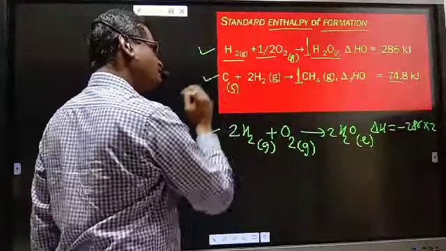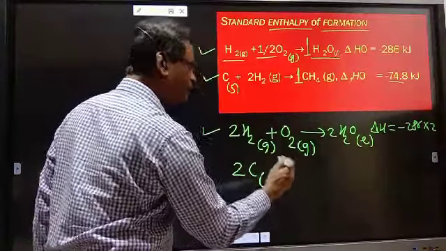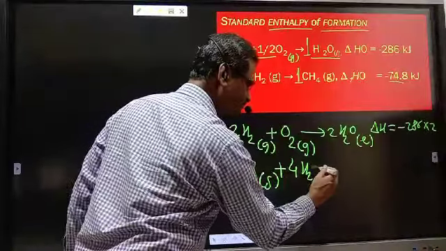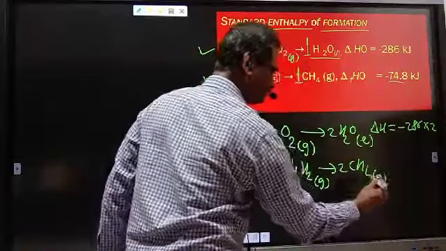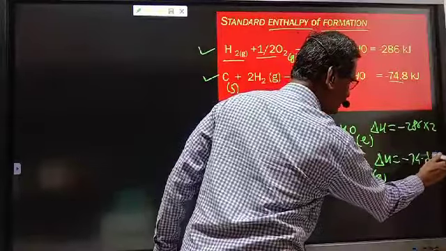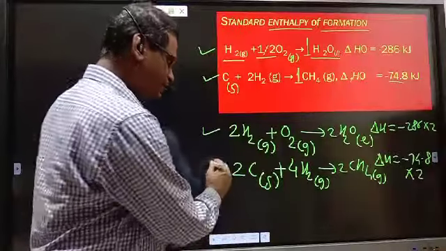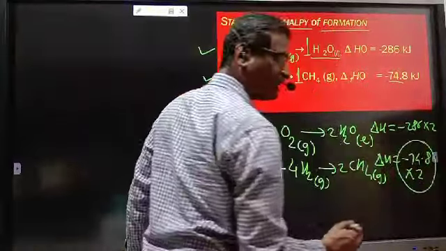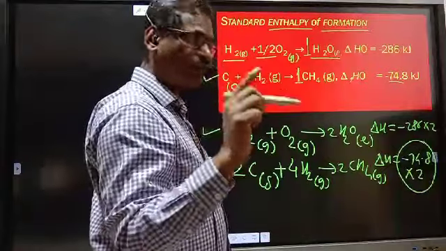See, this reaction we can also write like this: 2 carbon solid plus, instead of 2H2 we can write 4H2 gas, and it is giving 2CH4 gas. Delta H will be double, that is minus 74.8 multiplied by 2. This reaction is also balanced, but this enthalpy change is not the enthalpy of formation. What is enthalpy of formation?